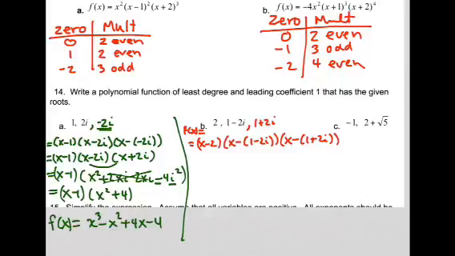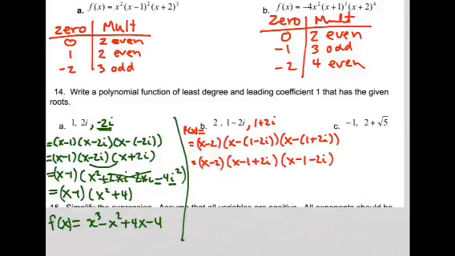Notice that all the zeros, or all the factors, have the same pattern, x minus, okay, whatever the zero is. So the next step is I'm going to simplify, like this, distribute the negative, so that I don't have any parentheses inside parentheses.